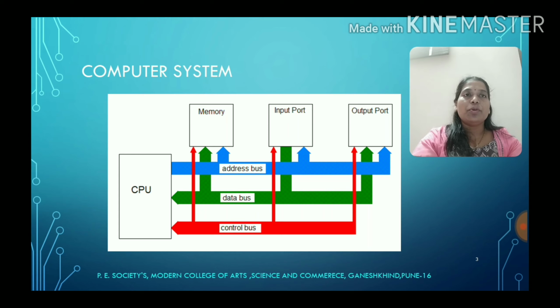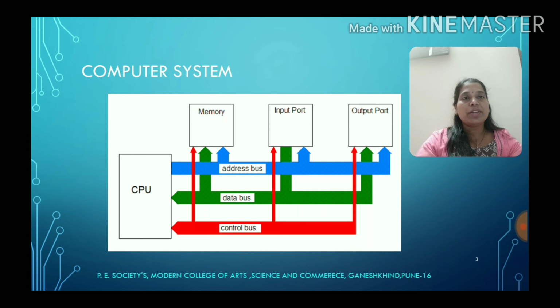Other than the CPU, all other units are assigned a unique identification number, which is called an address. Whenever the CPU wants to communicate with any of these units or devices, it generates an address via the address bus. The specific memory location, input or output device gets selected.